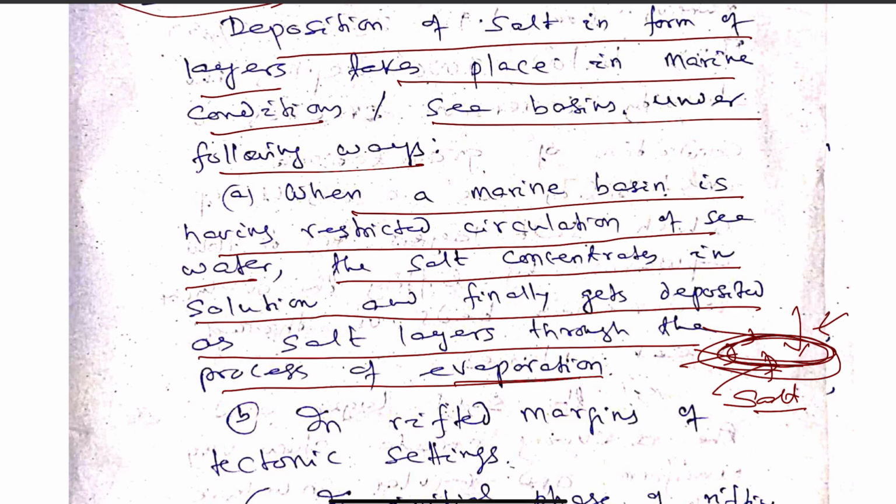If there will be thorough circulation of water, then the salt content may be diluted or deposition of salt cannot be possible. So the basin must have to be isolated, or there should be restricted circulation of water, and there will be evaporation showing gradual concentration of salt in the basin, and finally a stage will come when salt will be totally deposited through the process of evaporation.